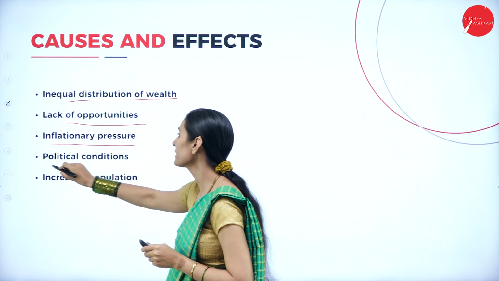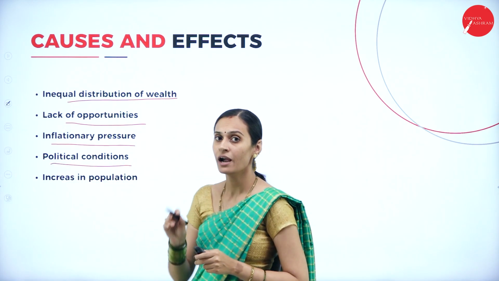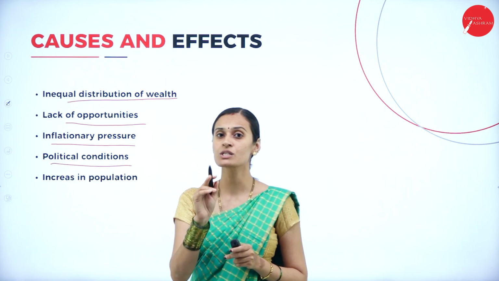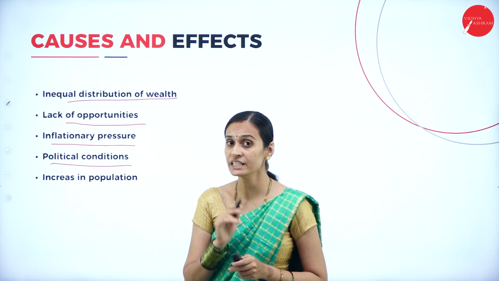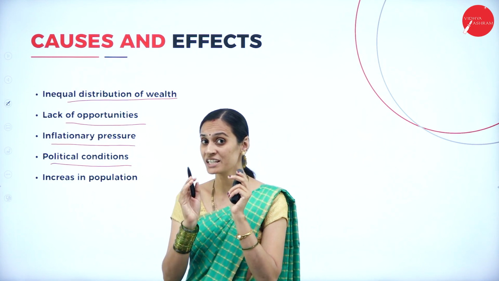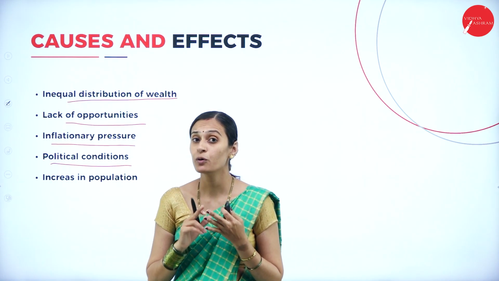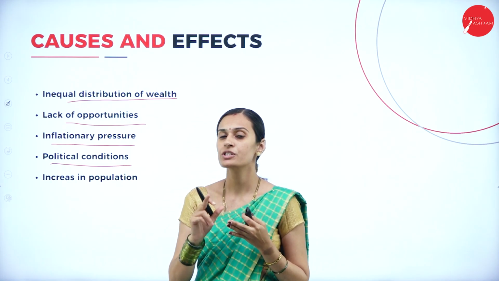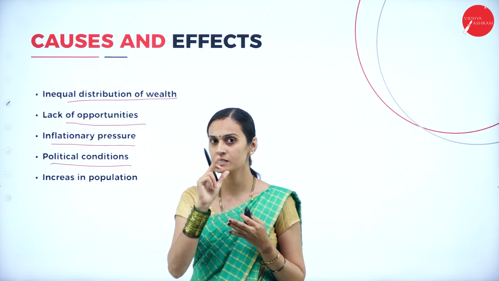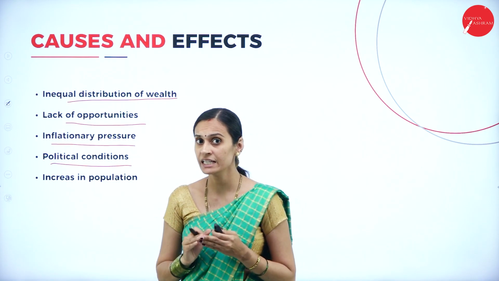And next, political conditions. Of course, it is one of the important causes of income inequality. Corrupt political conditions directly disrupt the economic system of a country. We should agree about that.